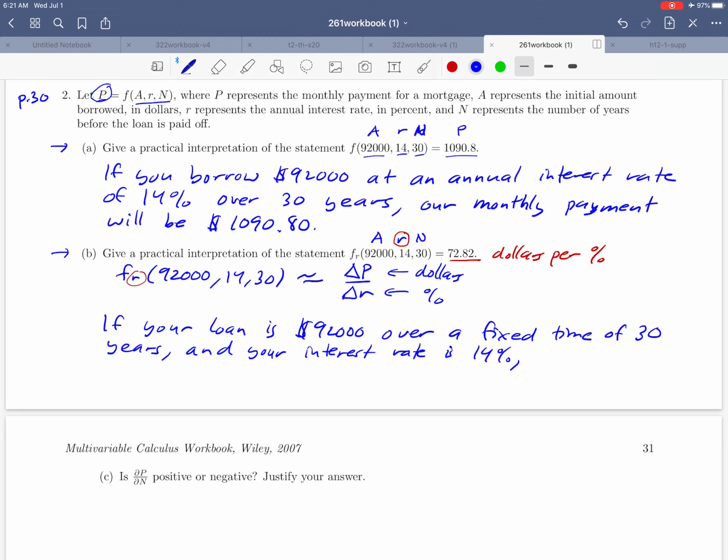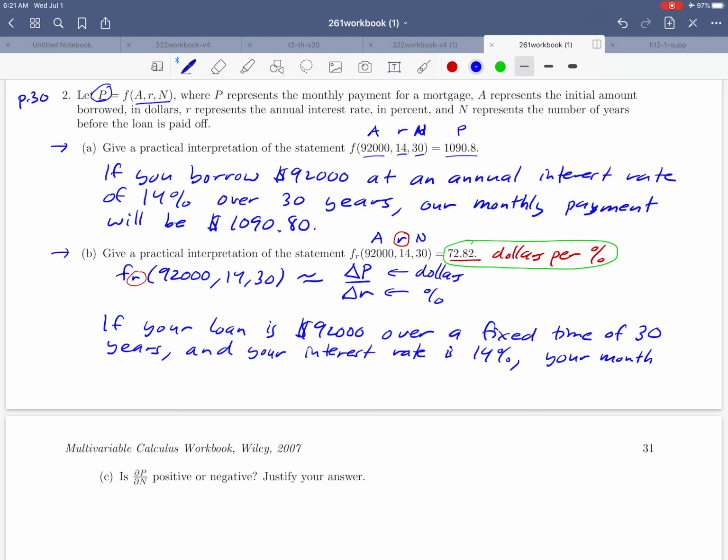Now finally we come to the actual derivative part. We're getting a rate of change of $72.82, an increase in our monthly payment by that amount for every percentage that we increase our interest rate. Let's write that down.